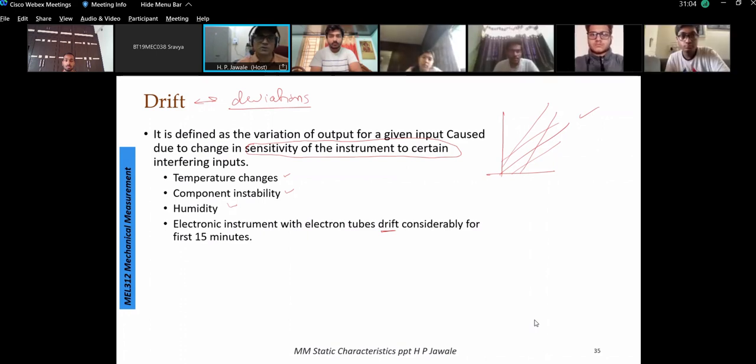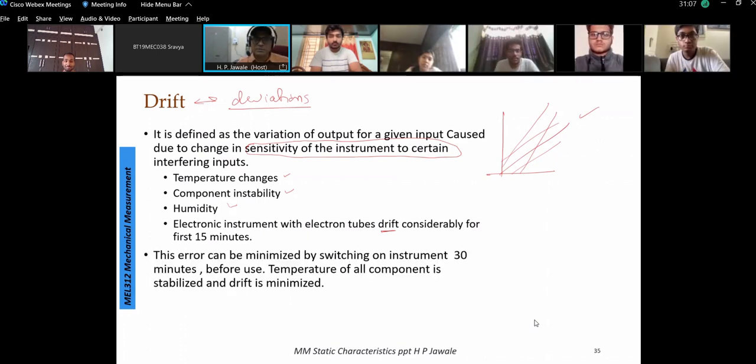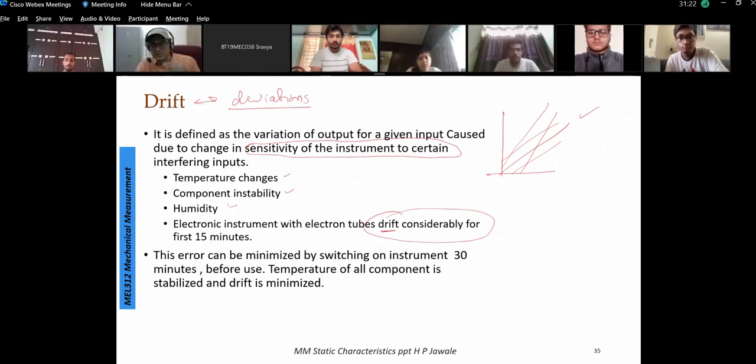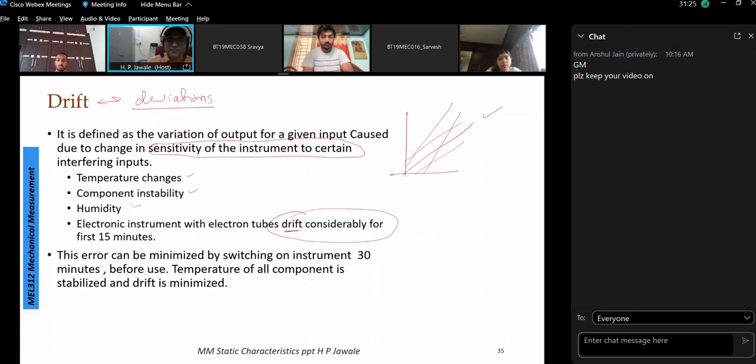There are different reasons for deviation. So error can be minimized by switching on the instrument early. For example, if the instruments are going to have some kind of current flowing through them, and over the period of time, because of the current flow, there is change in the instrument or the component characteristics, then we try to start that early, sometime before the experimentation.